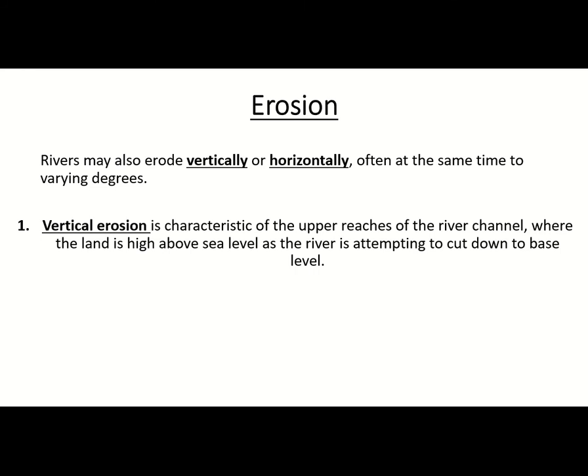Now, vertical erosion explains why the features that have height, like waterfalls, for example, or the features that create tall features like V-shaped valleys or gorges, you find in the upper reaches of a river, nearest the source.